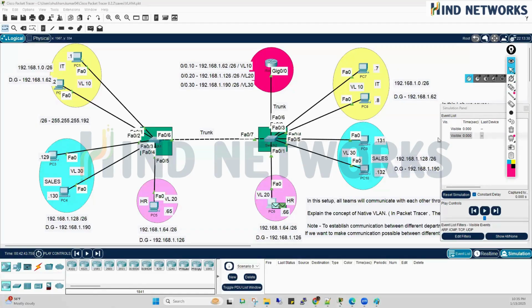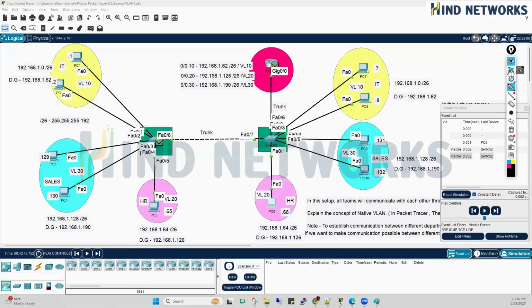This generates the ARP request. What I told you, whenever a switch receives any packet, the switch will forward this packet to the trunk port. This is the trunk link. So the switch is forwarding towards the trunk, and the packet reaches the router, because we configured the default gateway here, guys.